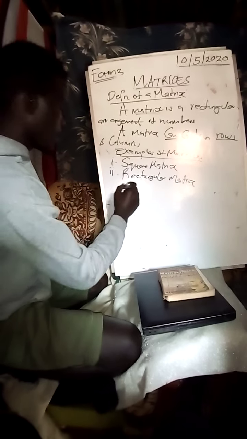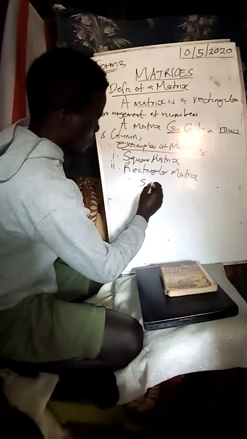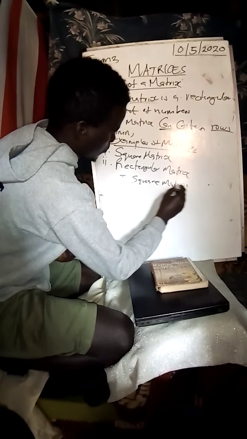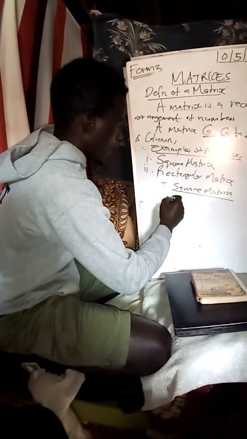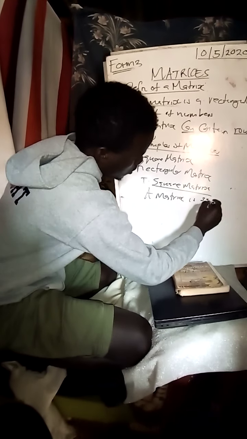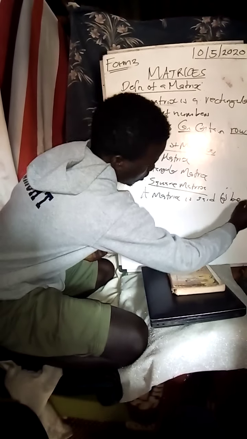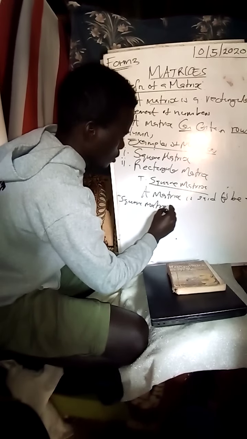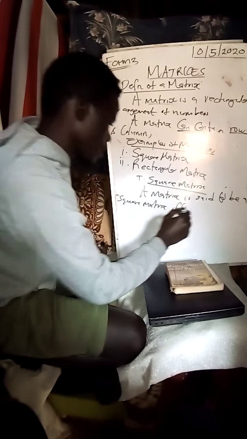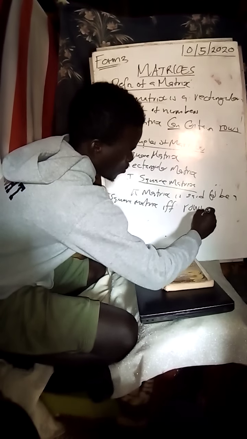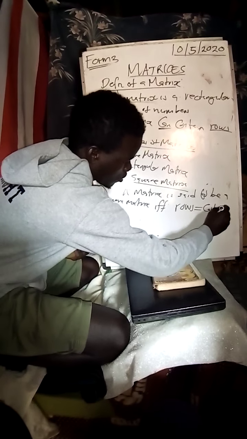So let me begin with the square matrix, and I will begin by defining it. A matrix is said to be a square matrix if and only if the number of rows equals the number of columns.